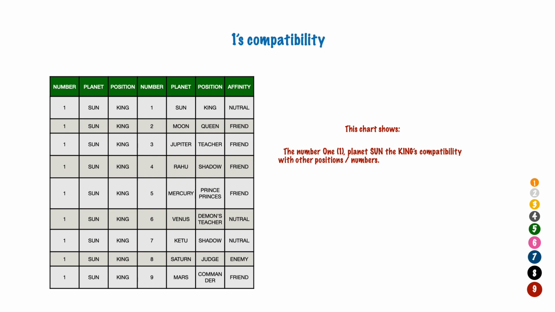Hence it could be neutral with another king but might not be friend always. That's the detailed analysis that you can understand here, right? Number 1 and number 2. So number 1 is Sun, number 2 is Moon. Moon is the Queen.